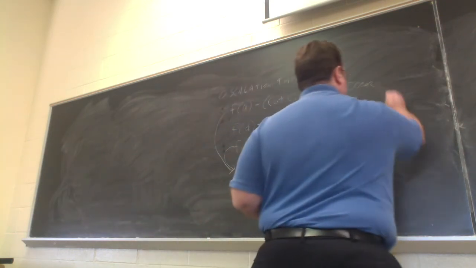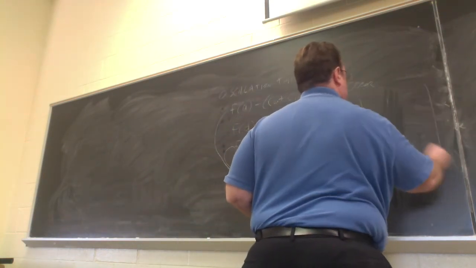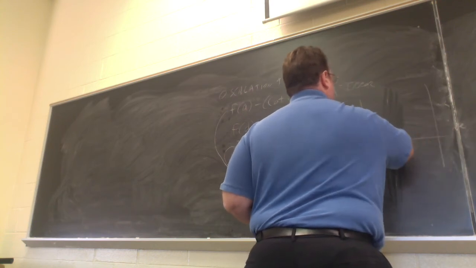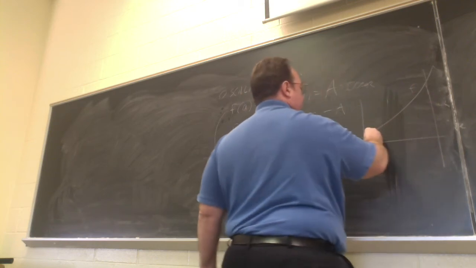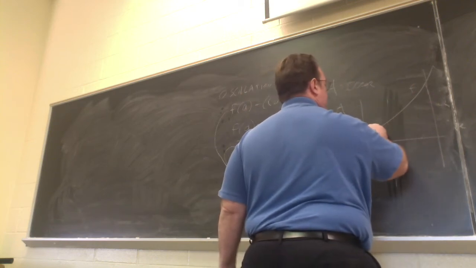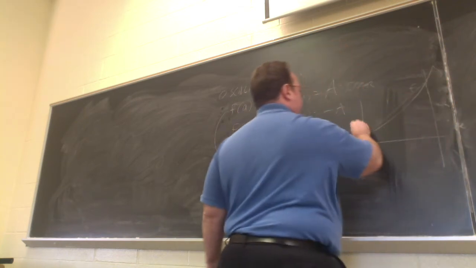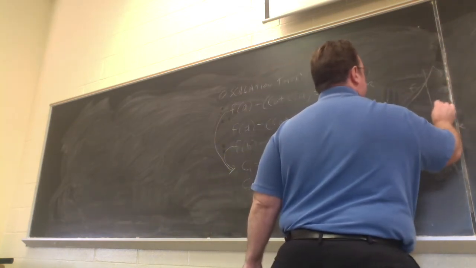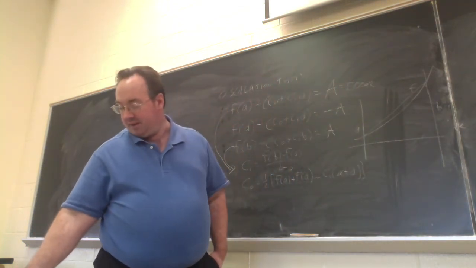Because if I draw the graph again, we know that this is the secant line between A and B. Now that's not the minimax. All we know is that the minimax is parallel to it.